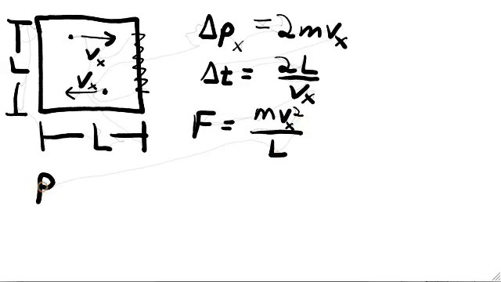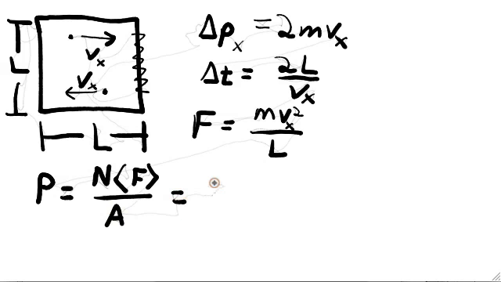The pressure on the wall is equal to the total force from all of the molecules on the wall, which is the number of molecules times the average force per molecule, which I'm denoting by angle brackets F, divided by the area of the wall.